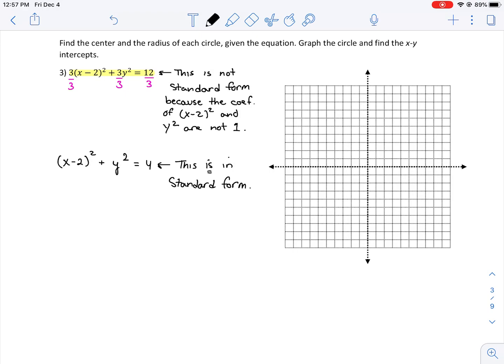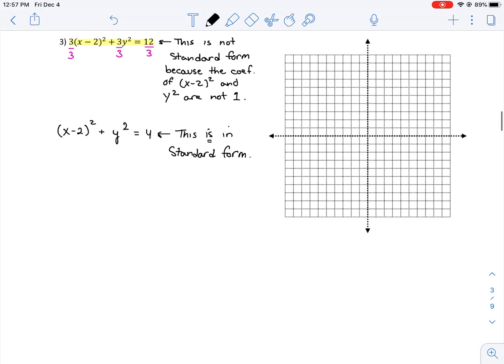So now we can find the center and the radius of the circle. And I'm going to do that by rewriting the standard form as follows. I'm going to insert a 0 after the y, and I'm going to write 4 as the quantity 2 squared.